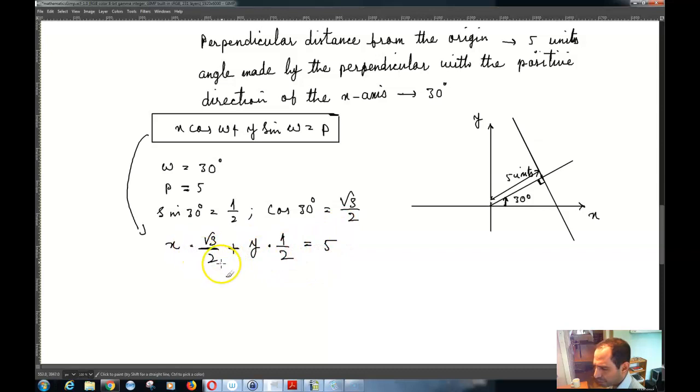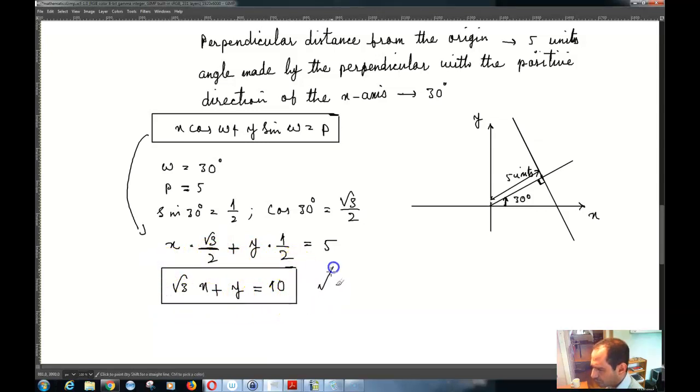So if I multiply everything by 2, I will get square root of 3 times x plus y is equal to 10. So the square root of 3 x plus y is equal to 10, which is exactly the equation of the line that we were looking for.